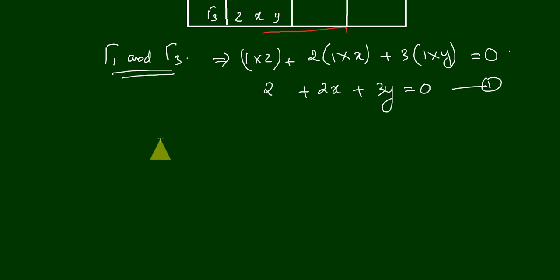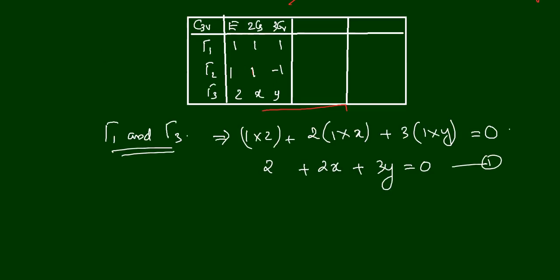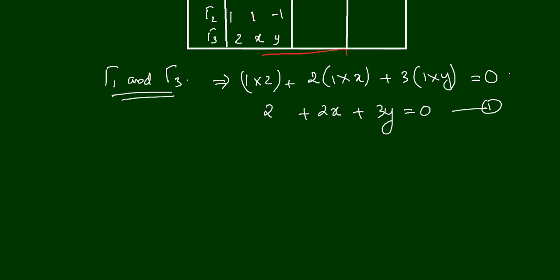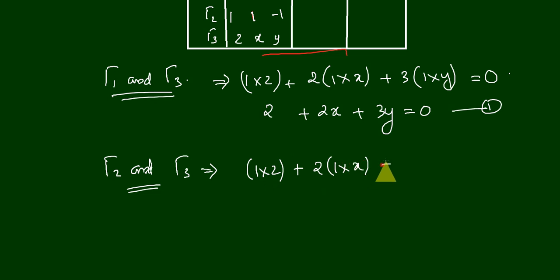And now we can check the orthogonality between the irreducible representations gamma 2 and gamma 3. Checking the orthogonality between gamma 2 and gamma 3, we get 1 into 2 plus 2 into 1 into x plus 3 into minus 1 into y.